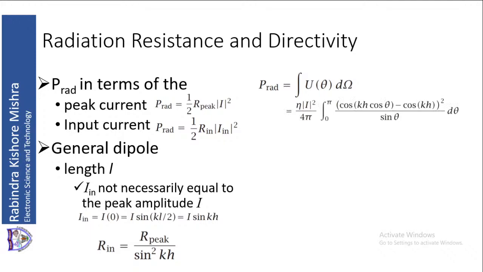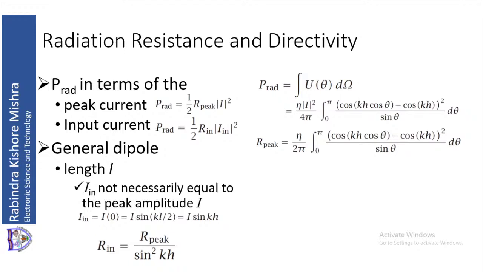Now we can find what P rad is. P rad is equal to the integration of intensity over the solid angle, so integration of U theta d omega, which is equal to eta I square by 4 pi, integration 0 to pi, cos(kh cos theta) minus cos kh, absolute square, divided by sin theta d theta.